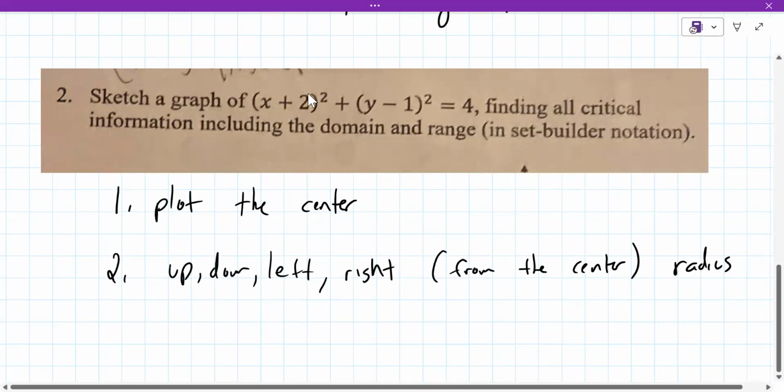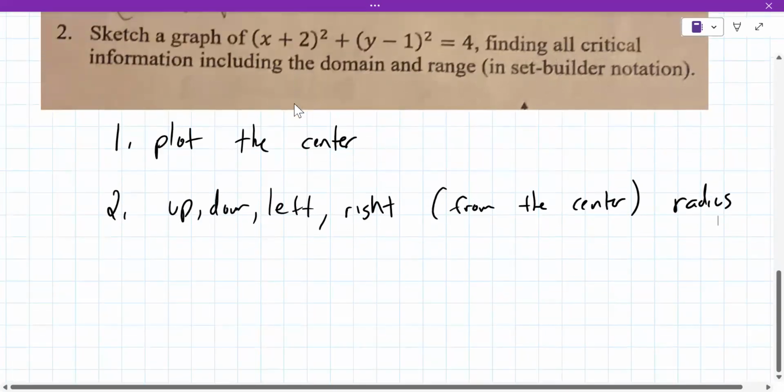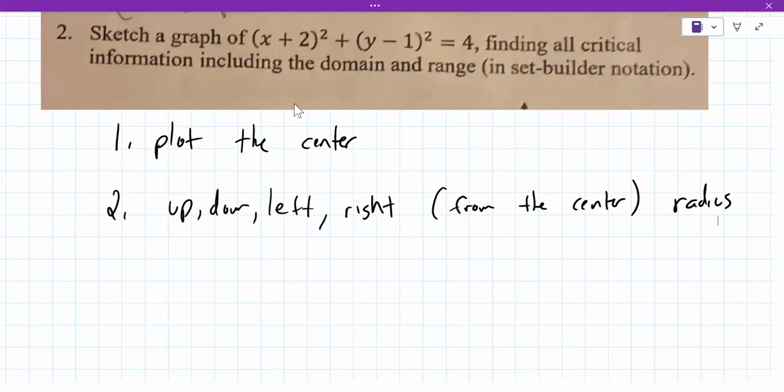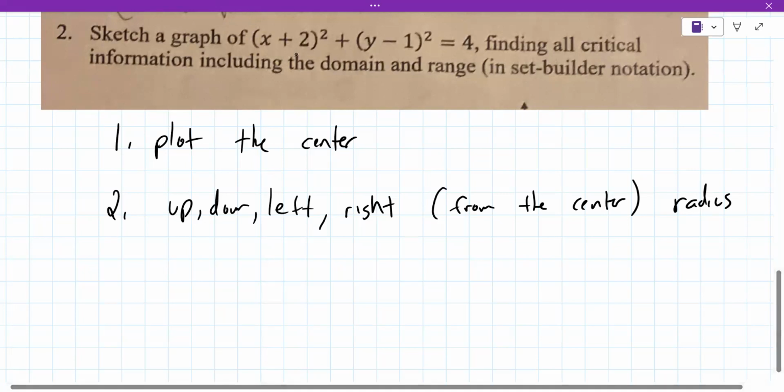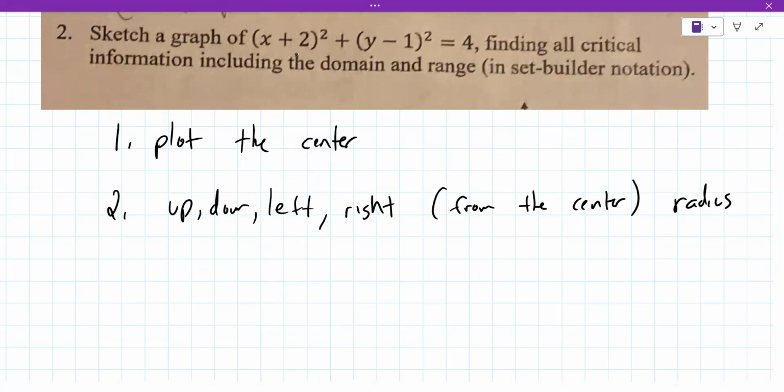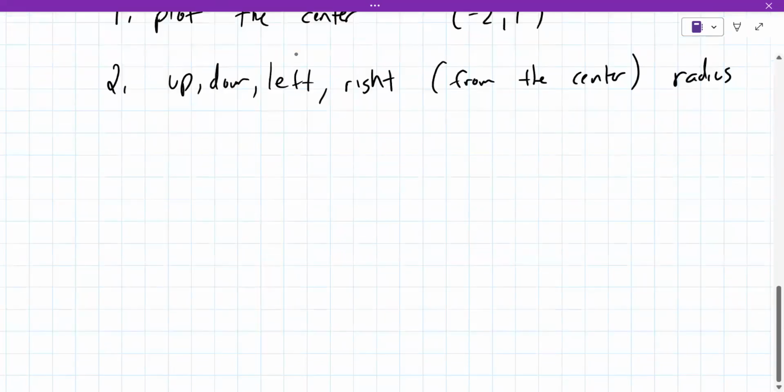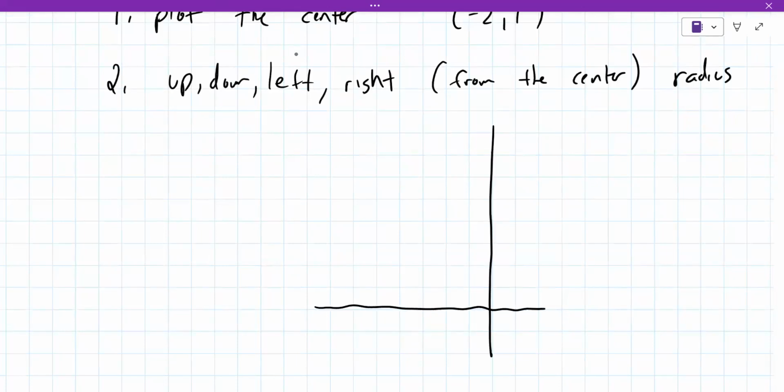So you have to be able to extract the center from this. Could you attempt to do that for us, please? Okay, I have a question with doing that. Do the signs switch when you extract it? Yes. So that would be -2 and +1. Good. So you go to your graph and plot -2, +1.